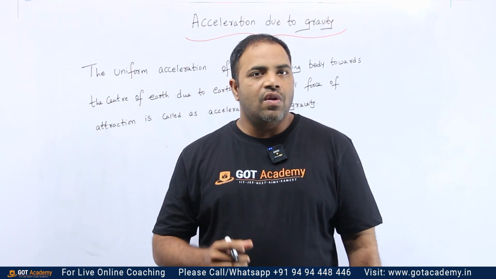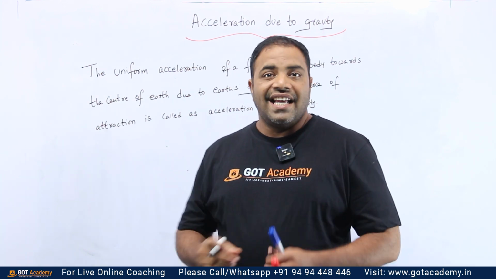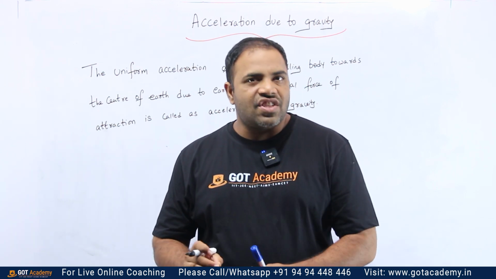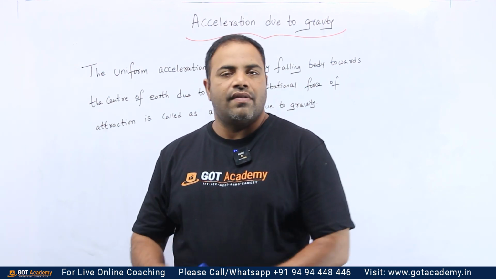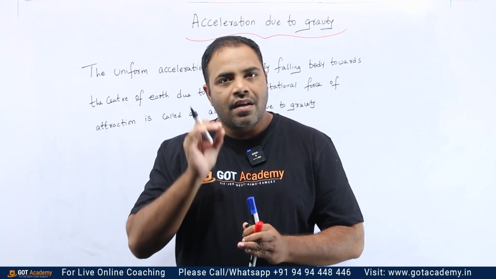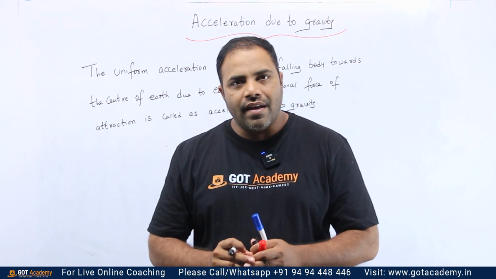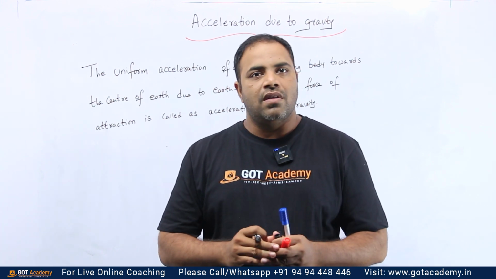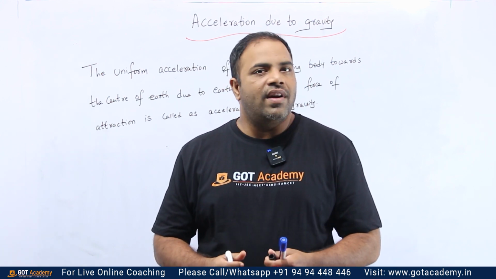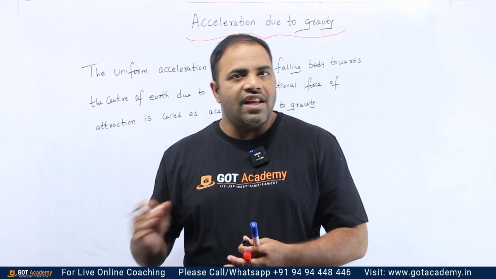Once again, the value of g, the acceleration due to gravity, small g, is independent of size, shape, nature as well as material of the given body. It depends only upon the place, whether it is at the equator or at the poles. On the Earth, I have given you two different values: 9.83 at the poles and 9.78 at the equator.